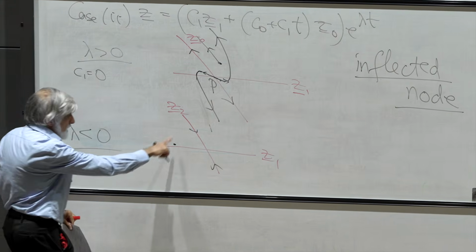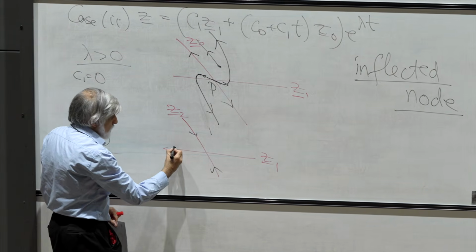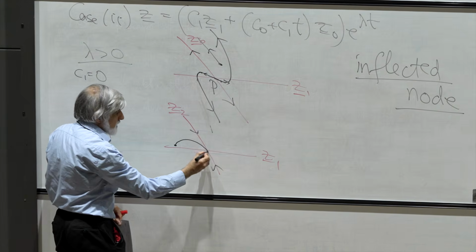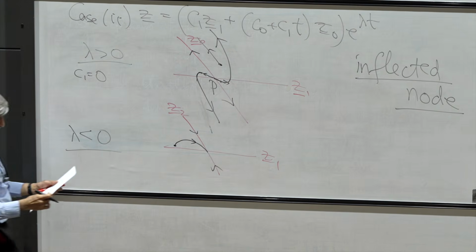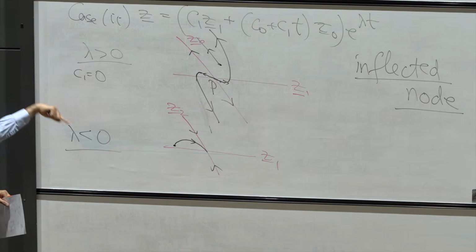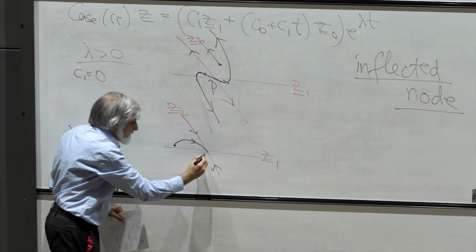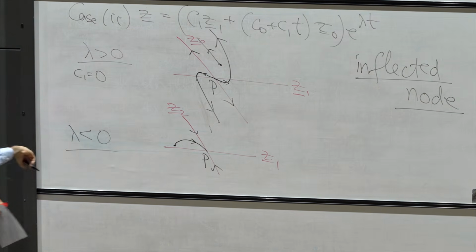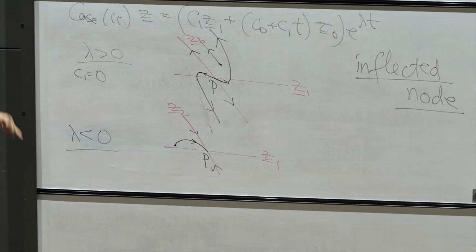So if we were to start here, then we would end up going like that. Okay, because we're going to 0, we're going to the steady state, critical point, and we're going in the negative Z2 direction.